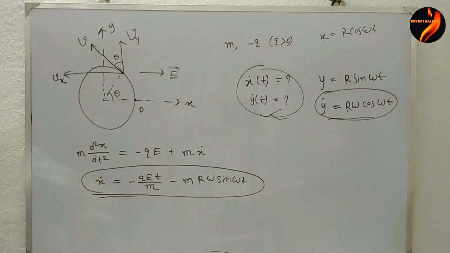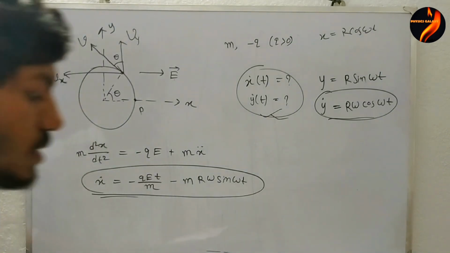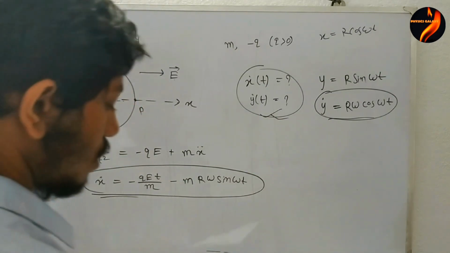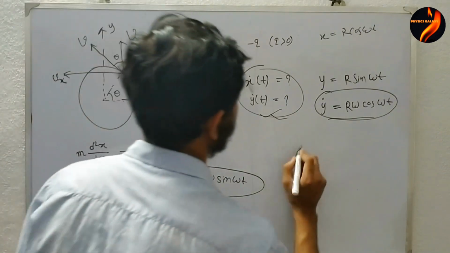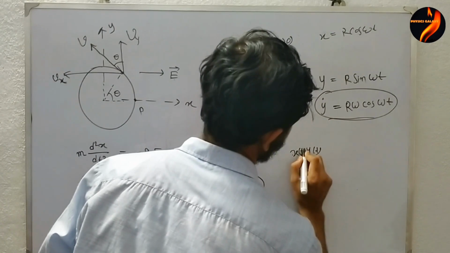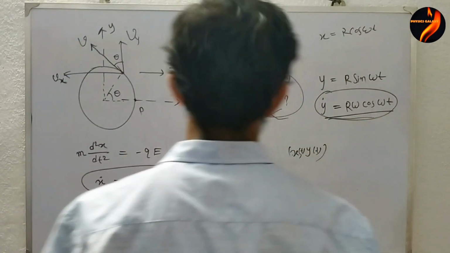And then it asks me to write down the subsequent two-dimensional trajectory of the particle in terms of m, q, b, e and r. So that means they asked me to write the new x and new y as a function of time. So it's just the integral of this.